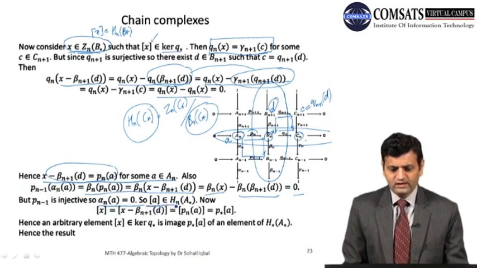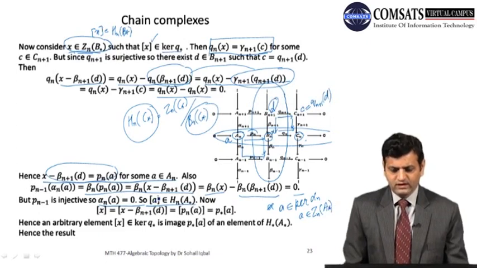So A belongs to the kernel of alpha n, in other words A belongs to Zn of A star. So we can say that there exists a class of A inside this.